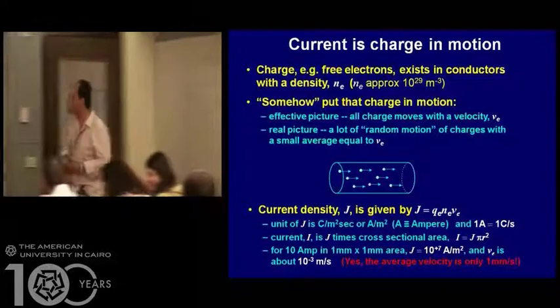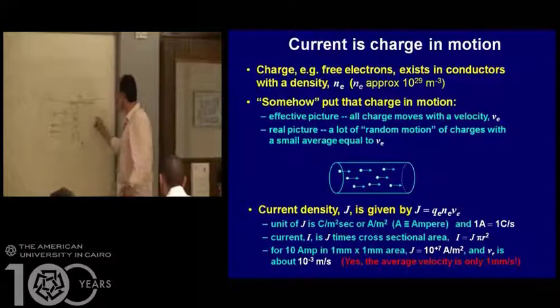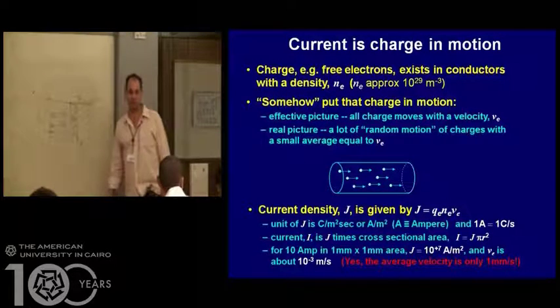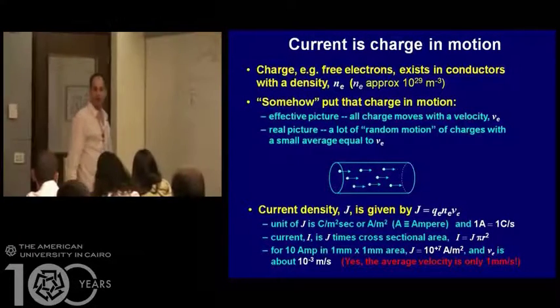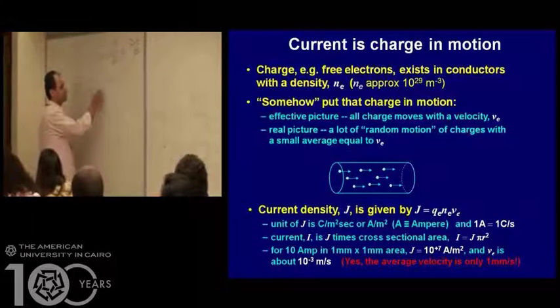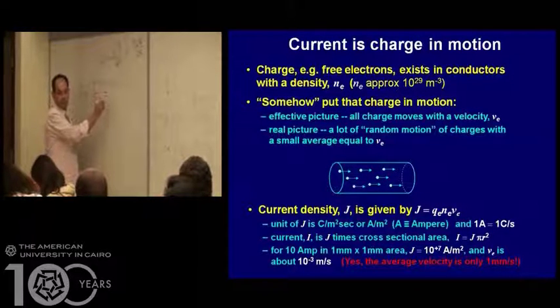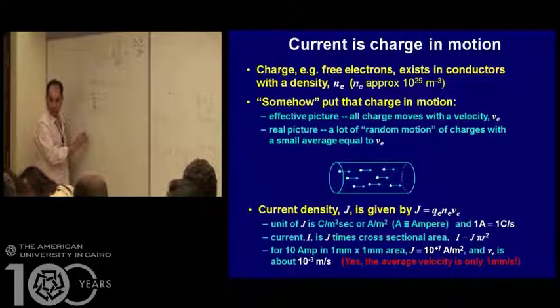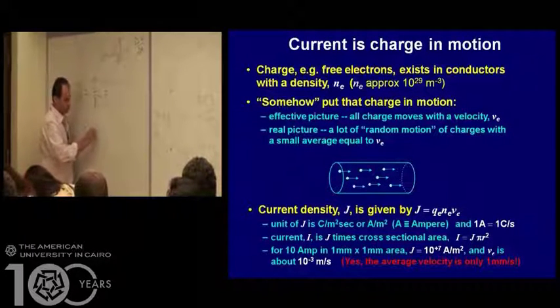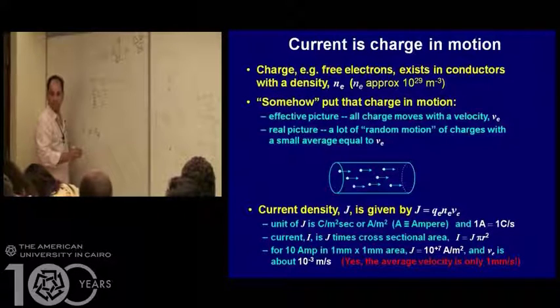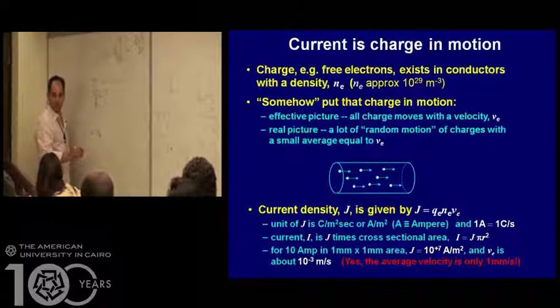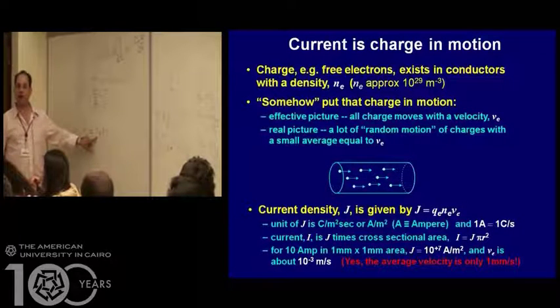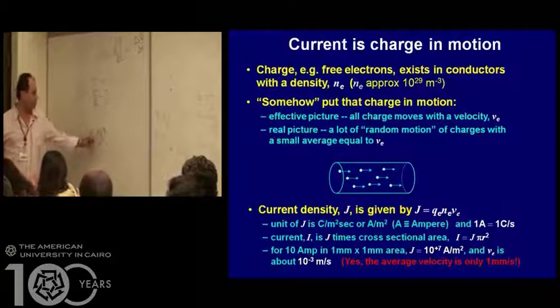So how many charges will cross that distance x? That's Q, which is n times A times x: the number of free electrons per unit volume times the volume.